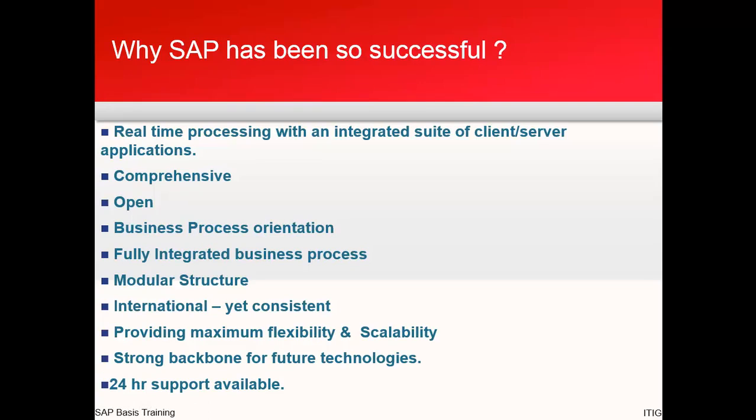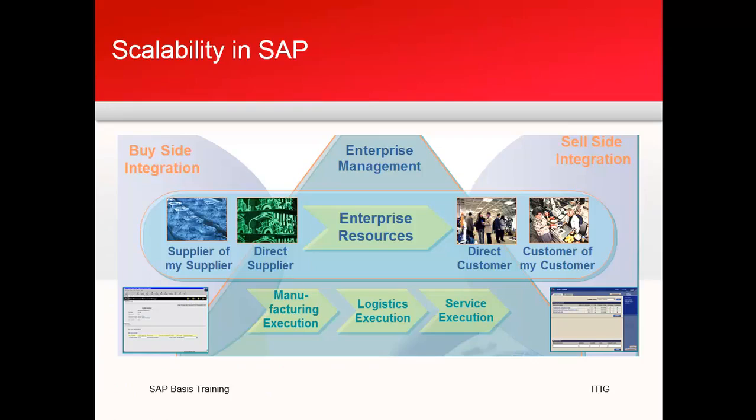I put this slide just to show why SAP has been so successful as a software provider. The reasons are real-time processing with an integrated suite of client-server applications. It's very comprehensive, based on open standards, and business process oriented. It has fully integrated business processes, modular structure, is international, provides maximum flexibility and scalability, a strong backbone for future technologies, and 24-hour support from SAP.